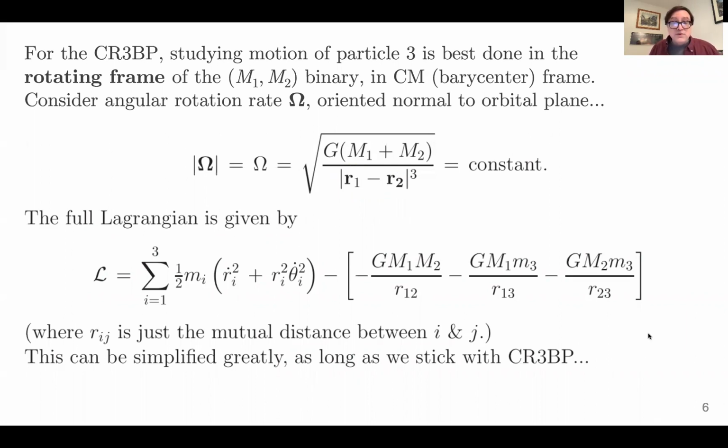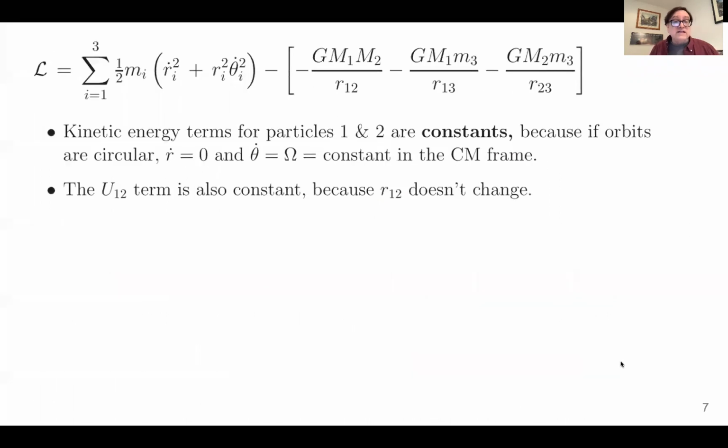When we write out this Lagrangian, we find that many of the terms in it are constants. For example, if we eventually go into the rotating frame, we'll see that particles 1 and 2 are really just sitting there. They're not changing their R dots, there's no change in the relative distance between them.